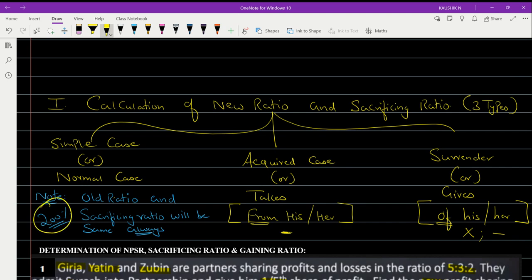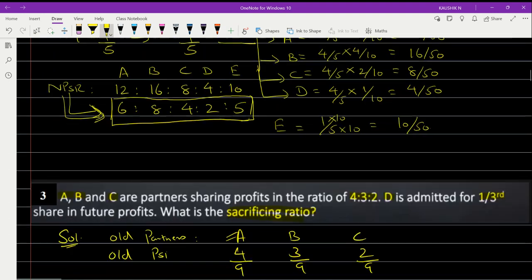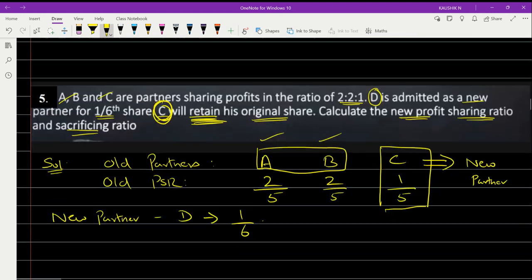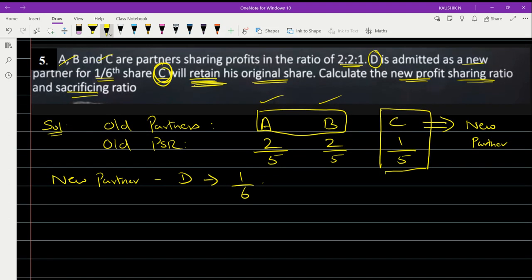I gave the guarantee. This problem is a simple case only, because we are admitting D as a partner for 1/6 share. Never in the question is it mentioned from whom D is getting his 1/6 share. When nothing is mentioned, the problem always comes in the simple category.